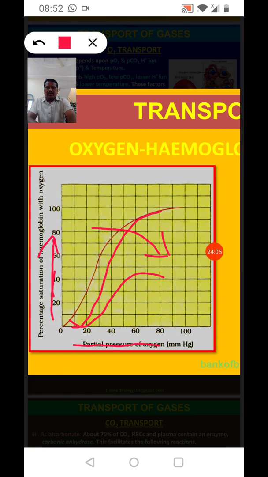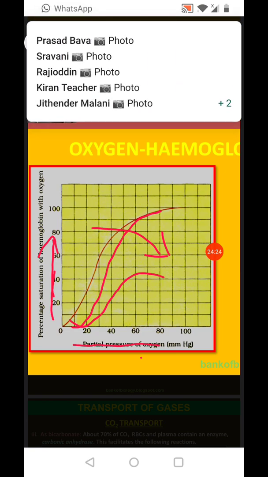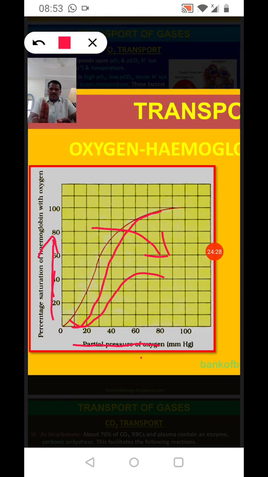Understood? Simple, no. Suppose there is more carbon dioxide, hemoglobin loses oxygen and combines with the carbon dioxide. Why? Because there is more affinity of carbon dioxide towards the hemoglobin. Here you can understand two things.